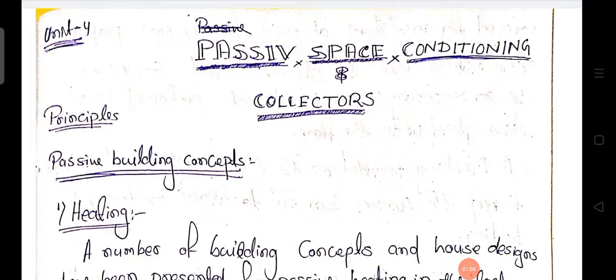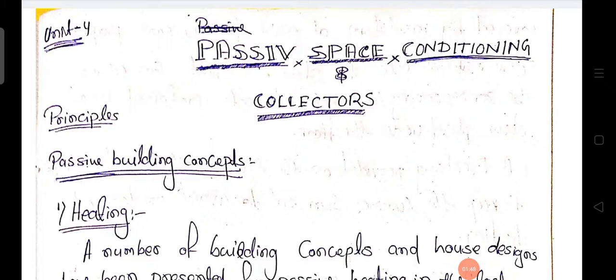Here only building design and solar radiation are used to keep our room or building heated. No fan, electrical or mechanical device is used to heat our space or room. That's why this concept is called passive space conditioning.